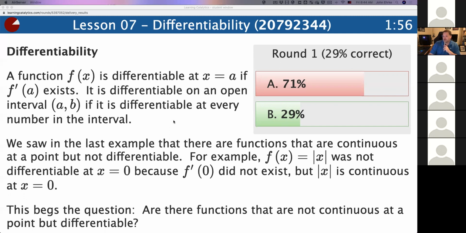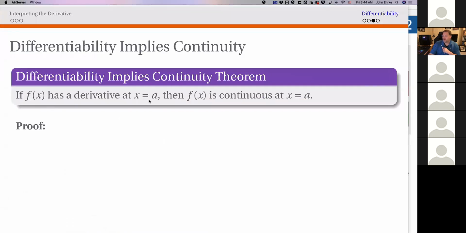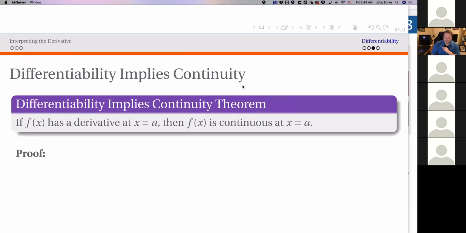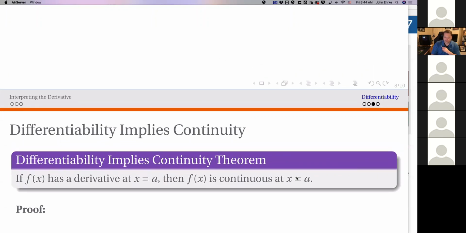In fact, it's always the case. I don't say always very often in this course, but it is always the case that if you are not continuous, you are not differentiable. And I want to talk about that a little bit. There's a theorem here that says if f has a derivative at a, then f is automatically continuous there.